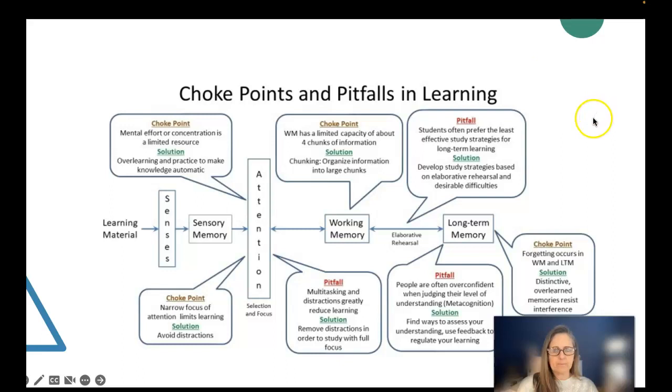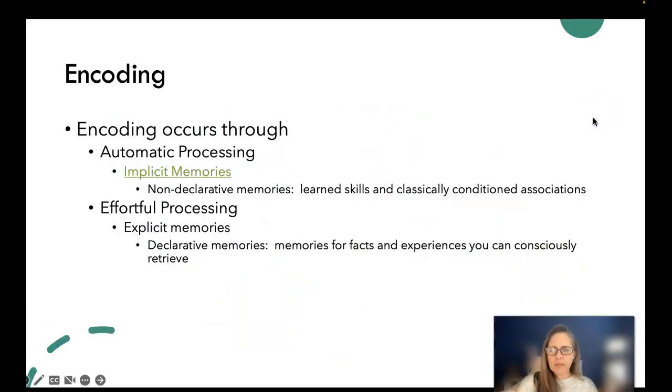But to start with, we're going to talk a little bit about encoding and the two basic types of encoding and the different types of memories that result when we use these different types of encoding. There are two basic types of encoding, what we call automatic processing and effortful processing. So encoding occurs through those two types of processing.